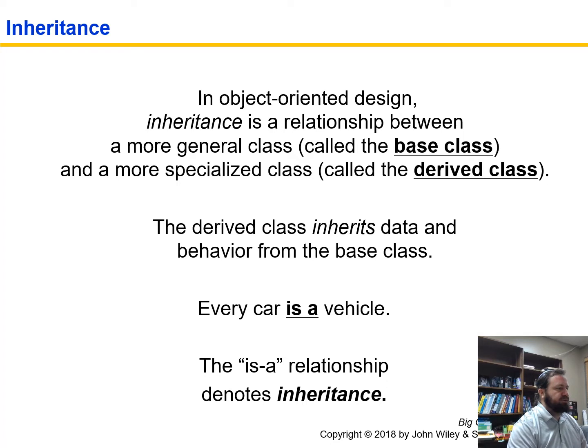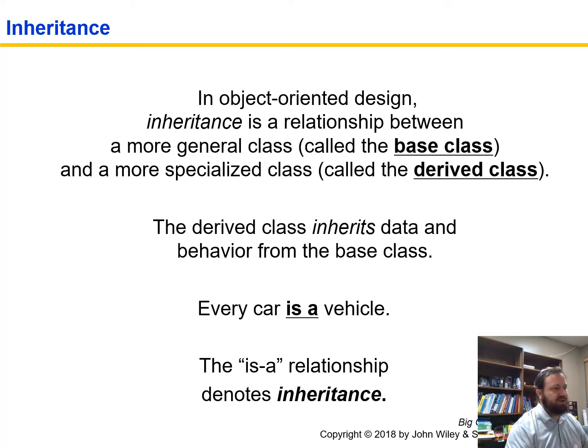Inheritance is often described as an is-a relationship, that whenever you have a more specific thing that you can say is a more general thing, that's a situation where you could set up object inheritance. A square is a shape. A motorcycle is a vehicle. A car is a vehicle.